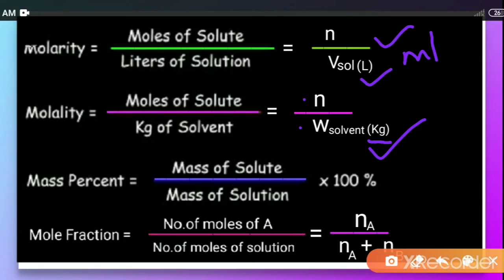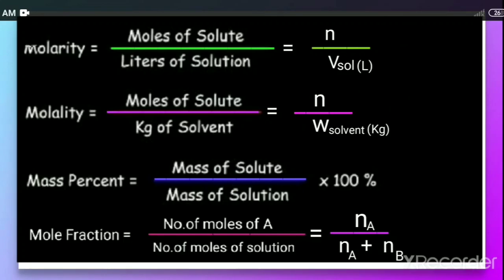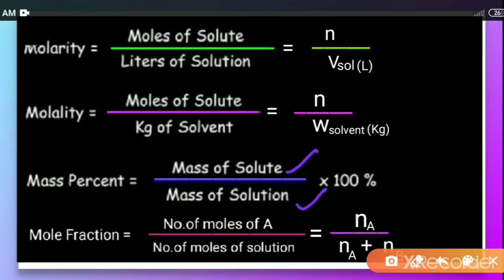In the same way, in the case of molality, if the mass is given in terms of gram, you have to multiply with 1000. The next one is mass percentage. How we find mass percentage? That is mass of solute divided by mass of solution into 100, because we are finding out the percentage.